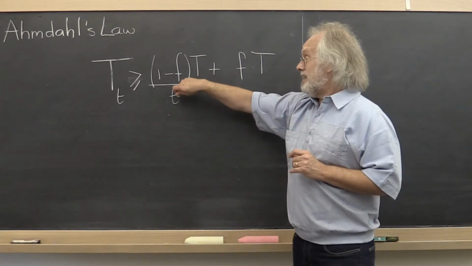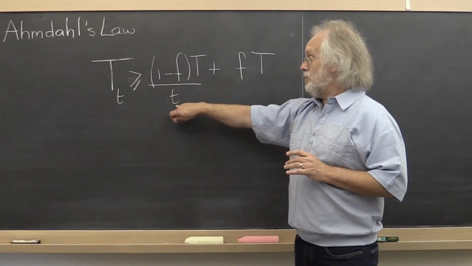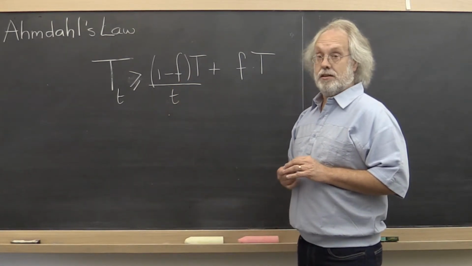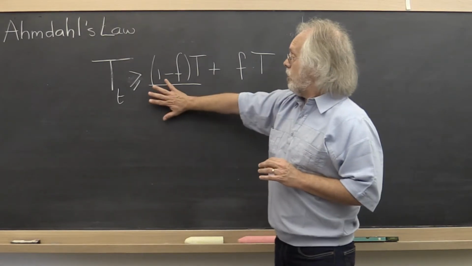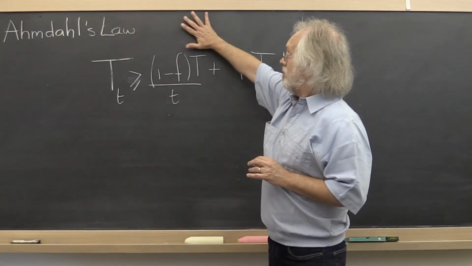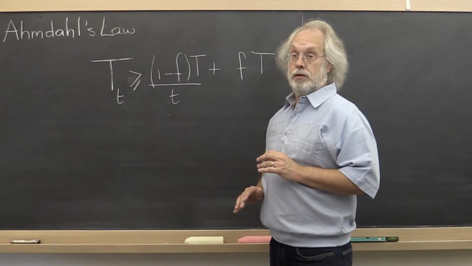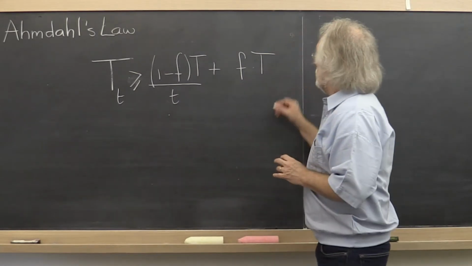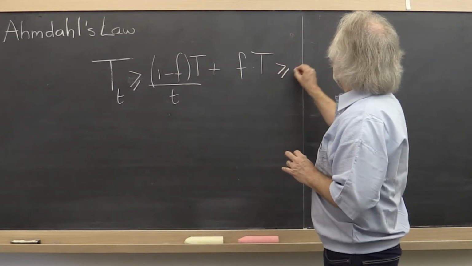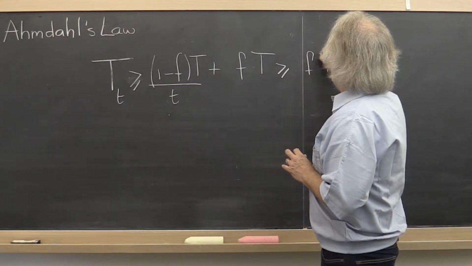And even if we parallelize this perfectly and use an enormous number of threads, the best we can then hope for is that this entire part of the time goes away altogether. So we know that this is greater than or equal to f times T.